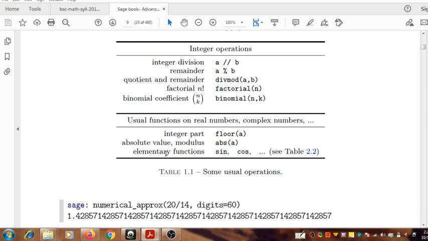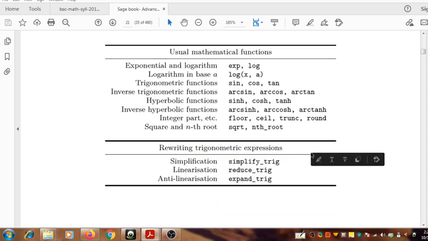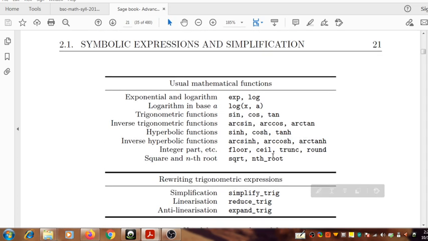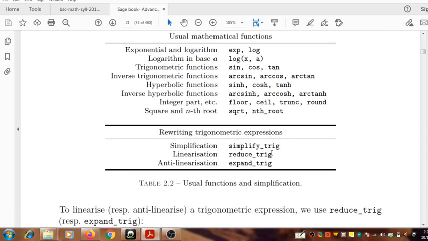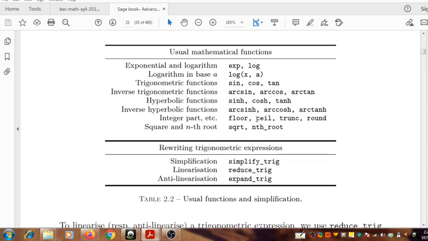For that you have to refer to table 2.2. We will go to table 2.2. In the table you can see the elementary functions are given.